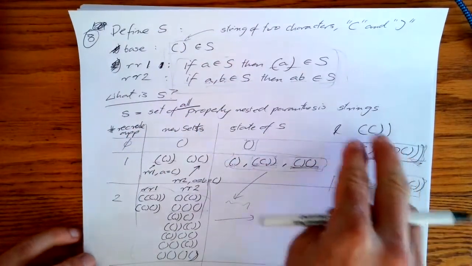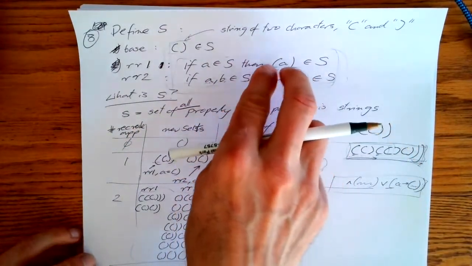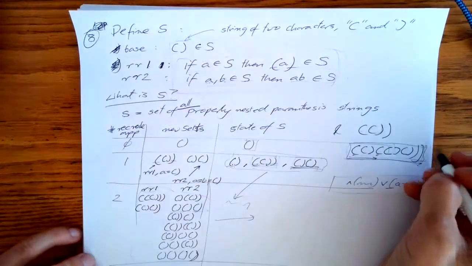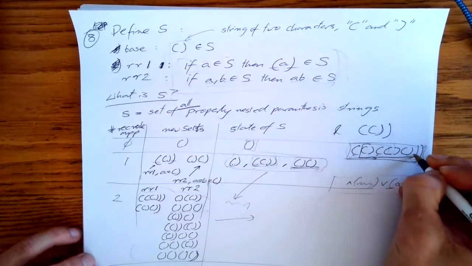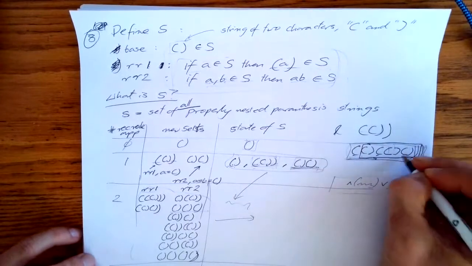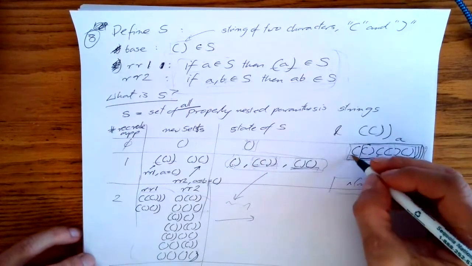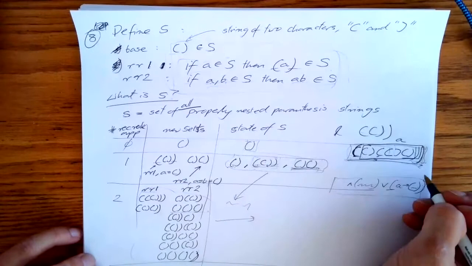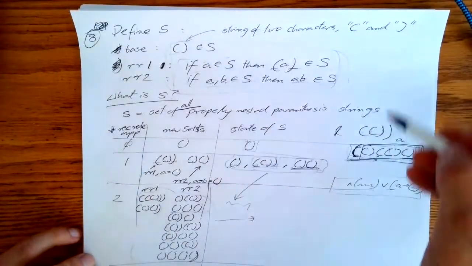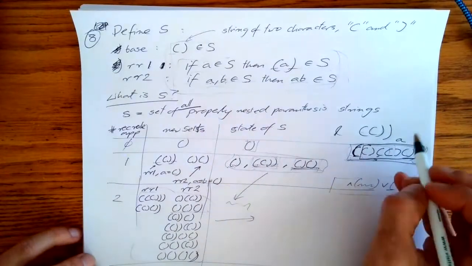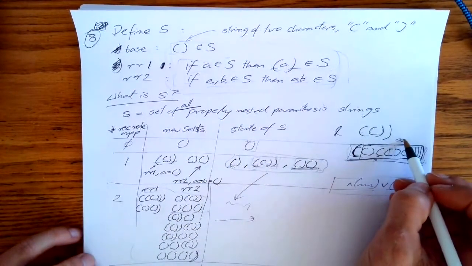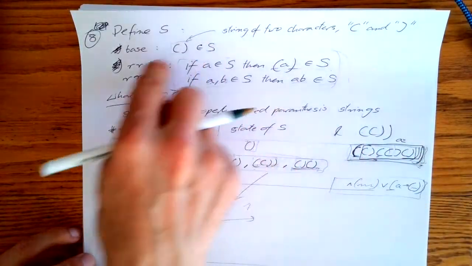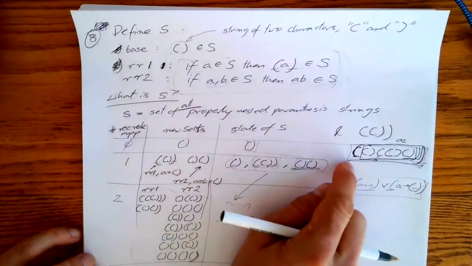I try to make the string into either generated by this rule using some other string, which would be, well, my hypothesis is that perhaps this whole thing inside is an A. And I generated this big thing by taking some A and putting an open and closed bracket over it. And then I use the same recognizer recursively to test whether A is a properly nested string. My A now is smaller. So this recursion is going to eventually tell me yes or no.